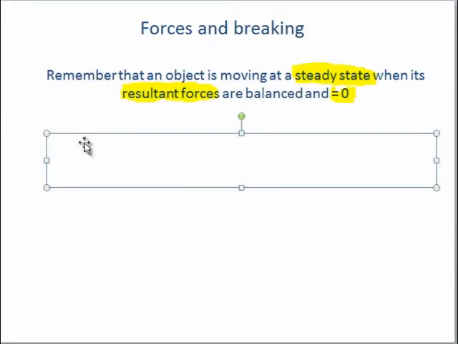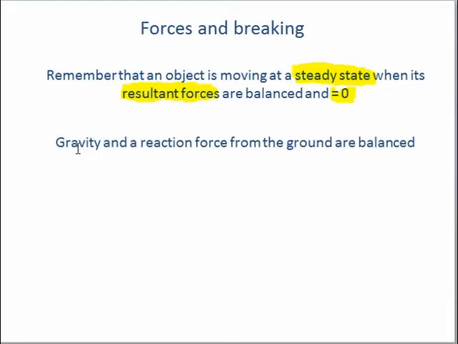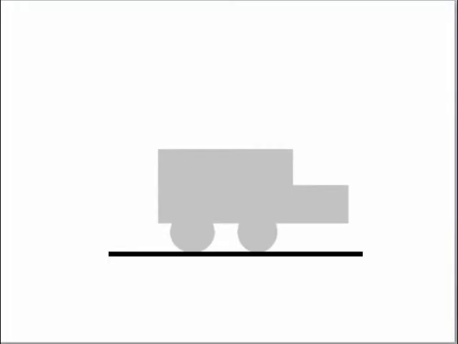So when we have a car or another moving object at a steady state, gravity and reaction forces from the ground are involved, and they are balanced at zero. So reaction force is the force that results from when you have a mass pushing down on the ground.